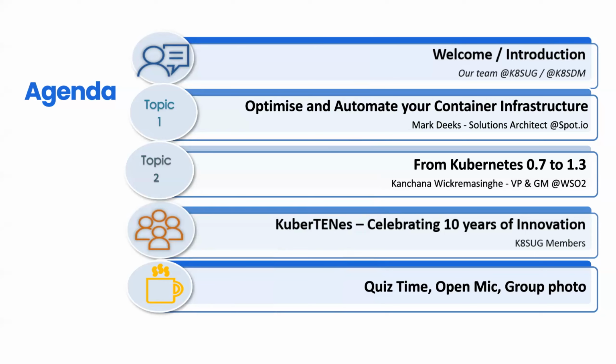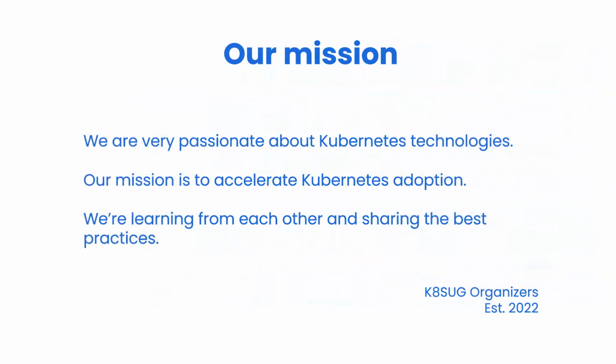And tonight is a very special milestone as we're actually celebrating Kubernetes' 10th birthday. So to mark this event, we will have special topics from both our organizing team as well as friends from AWS to talk about the past 10 years of innovation as well as EKS for 6 years. Of course, followed by our famous quiz time and swags, group photo.